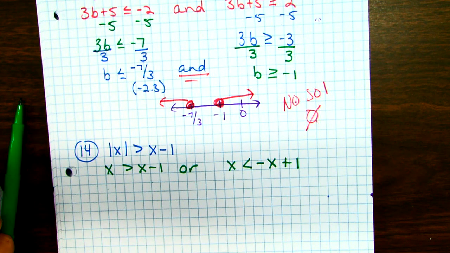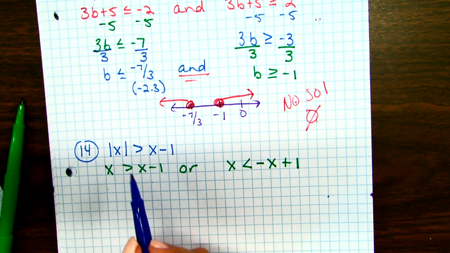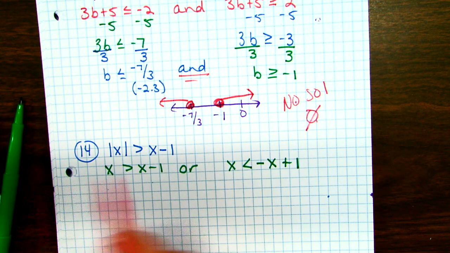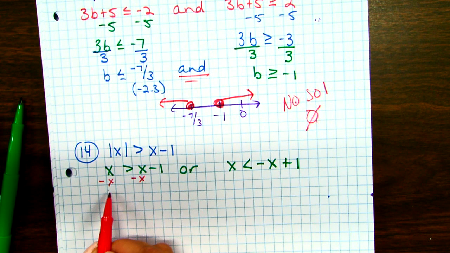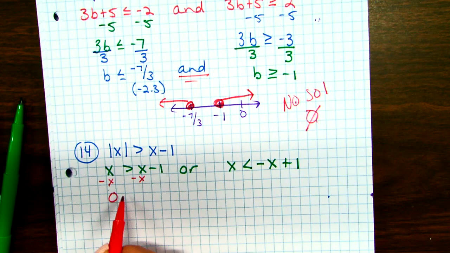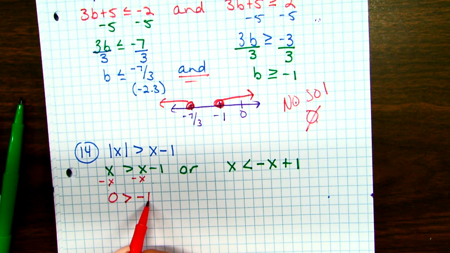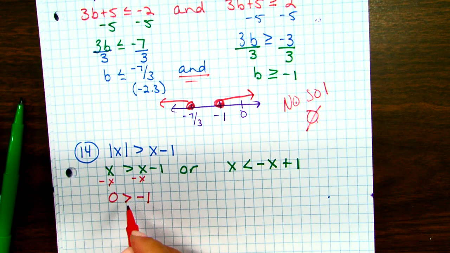Okay, I need to get my x's together. What's x minus x? 0. Yeah. Is 0 greater than -1? No. Yeah. So you can kind of think of this as like a true statement.